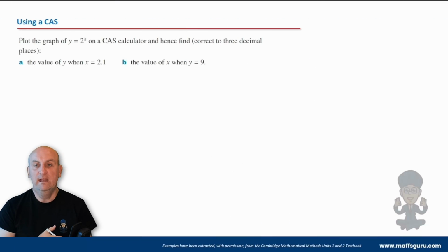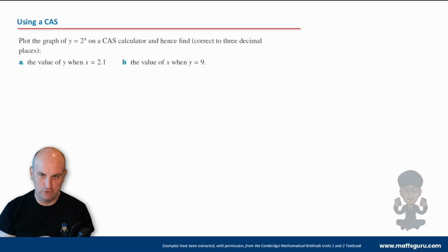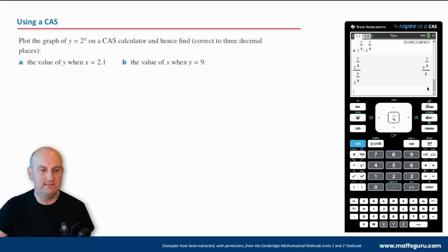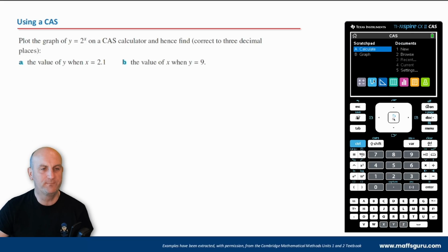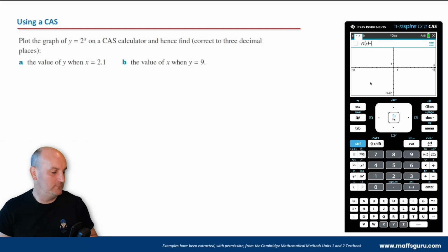Okay. Now, using a CAS, plot the graph of y equals 2 to the power of x on a CAS calculator and hence find, correct to 3 decimal places, the value of y when x equals 2.1. Let's see if we can actually do this on my CAS calculator. So bringing up my CAS calculator, I'm going to clear off what I was working on before. I open up a graphs page, and again, I'm using the TI Inspire.